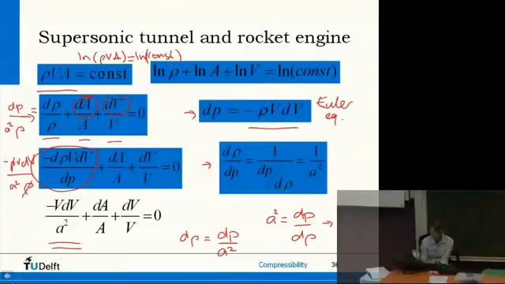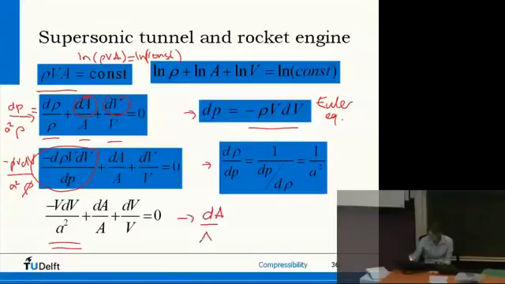Sorry, that step was not done, so we do. So one intermediate step. dA over A is equal to dV, and then this one becomes plus V over a squared, and then this one becomes minus 1 over V. If we multiply this by V, we get V squared over a squared, and we divide by V here again, right?